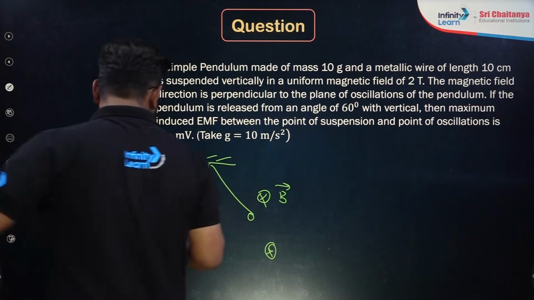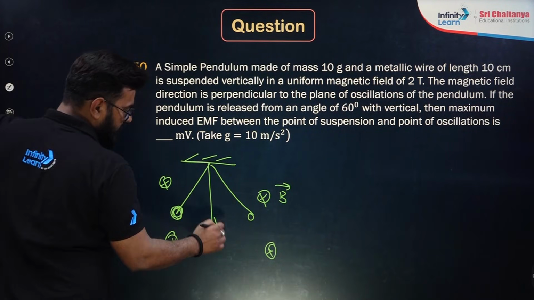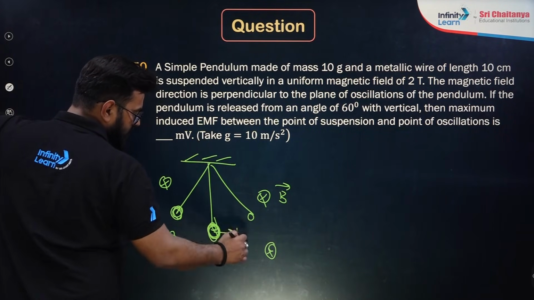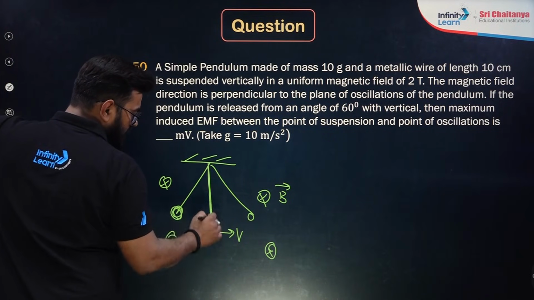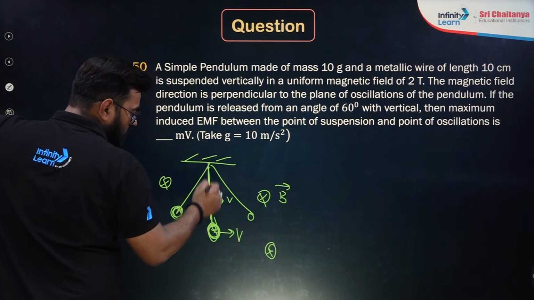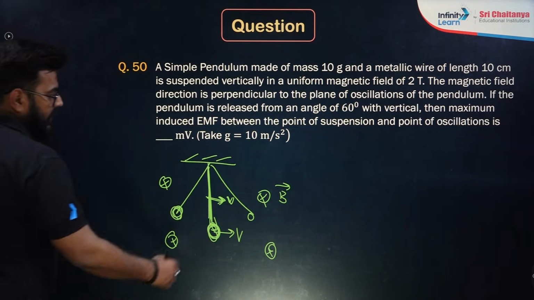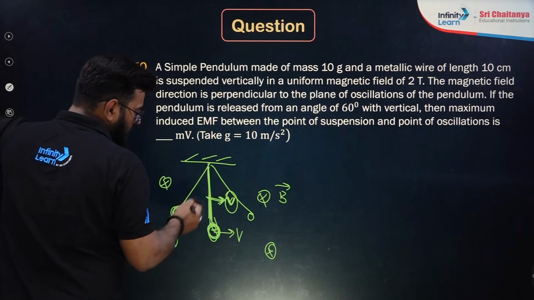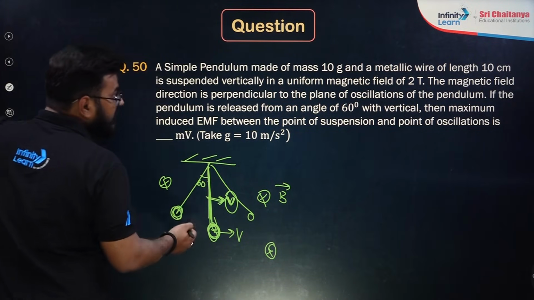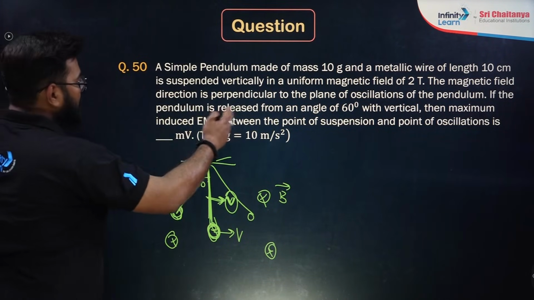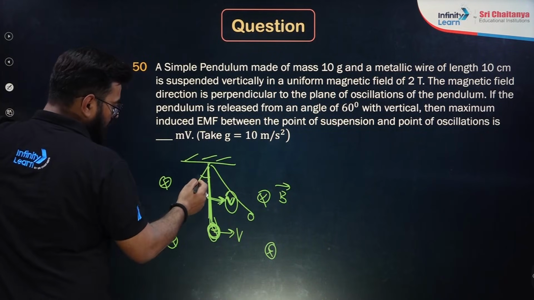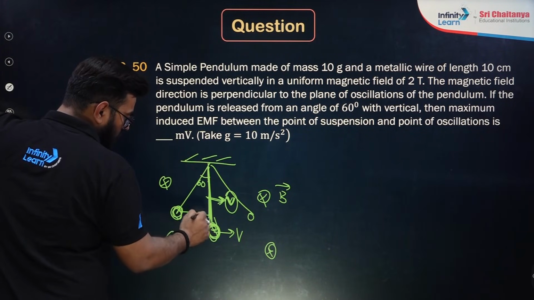Basically, from this point till this point over here. Because here the object will have maximum velocity. So based on this maximum velocity, the induced EMF will be how much? We will have to find the value of maximum velocity when it goes down by 60 degree. Initially it is aligned at 60 degree with the vertical, so when it goes down, you will have to find this height.